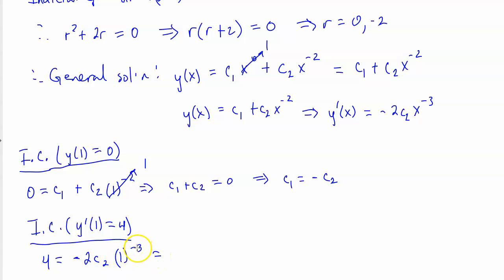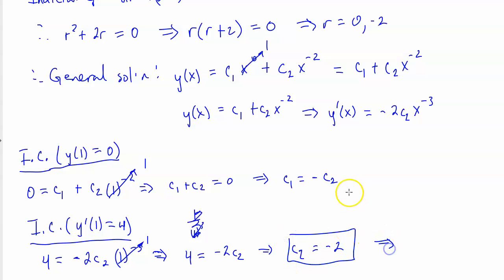And 1 raised to the -3 is the same as 1 divided by 1 raised to the +3, which is, again, still just 1. So this just means that we have 4 is equal to minus c2, which means that c2 is -2. And if c2 is -2, then c1 is going to be the negative of -2, or +2.